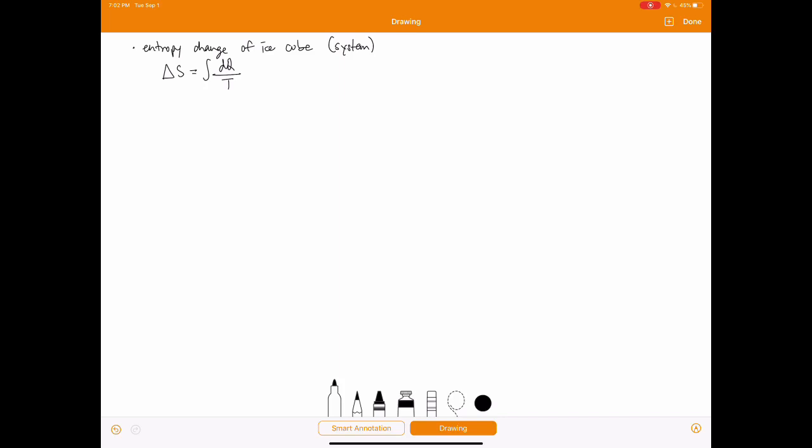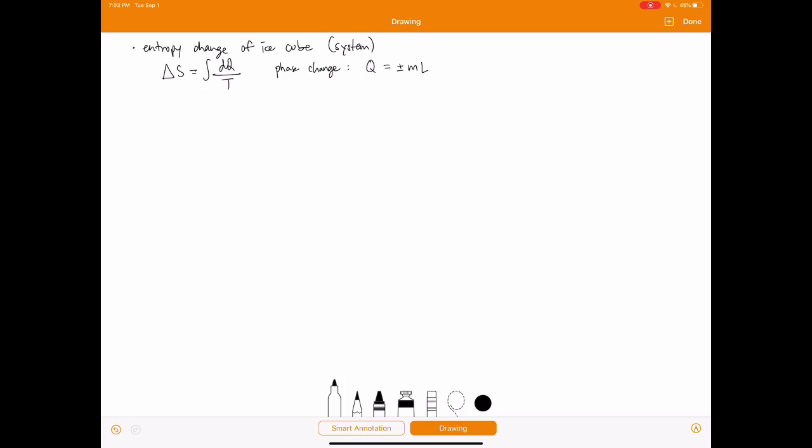And we have two different things we need to think about when it comes to the ice cube. So for one, the ice cube is going to melt, so there's going to be a phase change. And we learned that the heat during a phase change is given by plus or minus m times L, where m is the mass that's undergoing the phase change, and L is the latent heat.